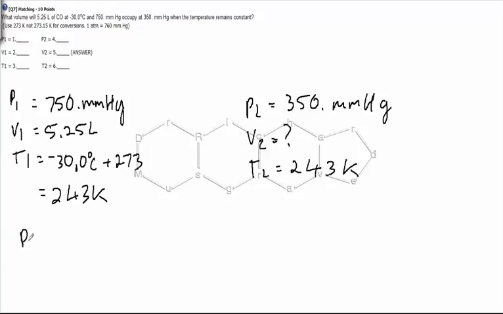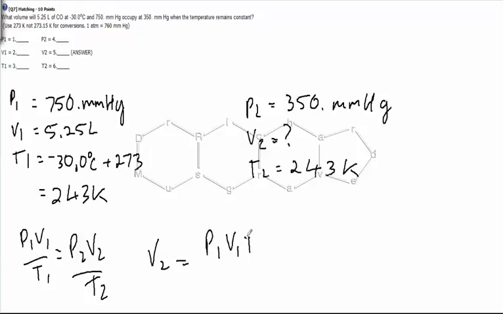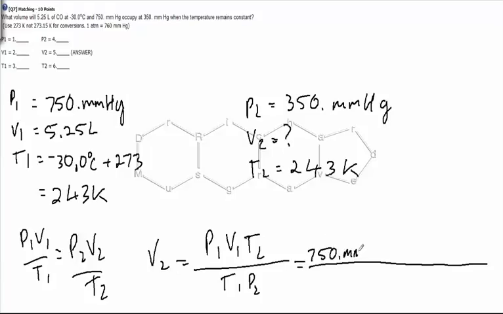Alright, so P1 V1 over T1 equals P2 V2 over T2. The one we're looking for is V2, so we're going to isolate that: P1 V1 T2 over T1 P2. And now we'll put everything in. P1, 750 millimeters of mercury.